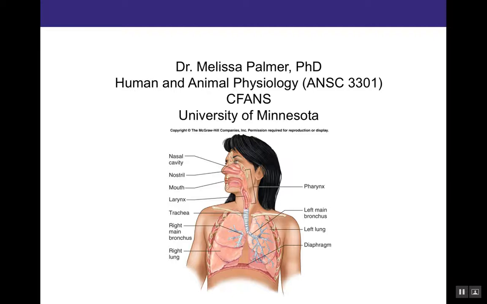Increase P50, it's a shift to the right, which facilitates the unloading of oxygen. So don't get too confused. As you increase P50, you can imagine this is just a shift to the right. Okay, so if you're at high altitude, this helps to facilitate the unloading of oxygen to your tissue. That makes sense.